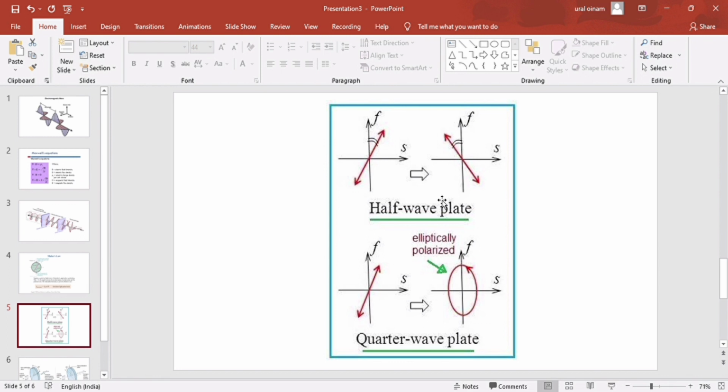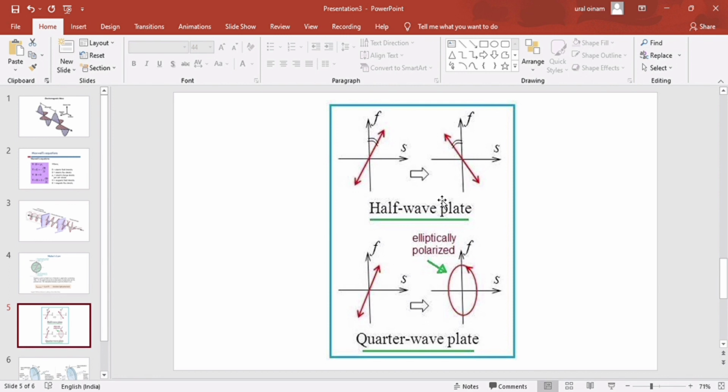In other words, it changes the polarization direction of linearly polarized light while keeping its intensity constant. When linearly polarized light passes through a half-wave plate, its polarization direction is rotated by an angle θ, and this θ is determined by the orientation of the half-wave plate.